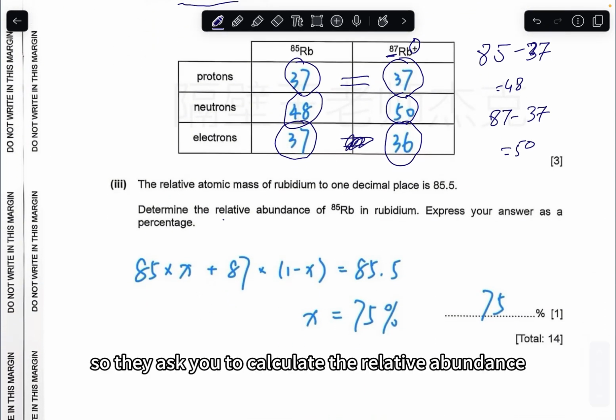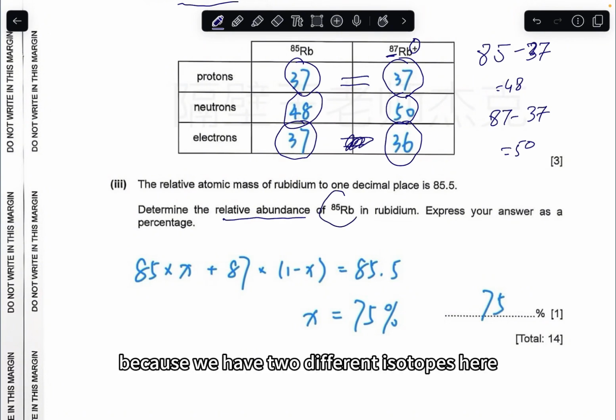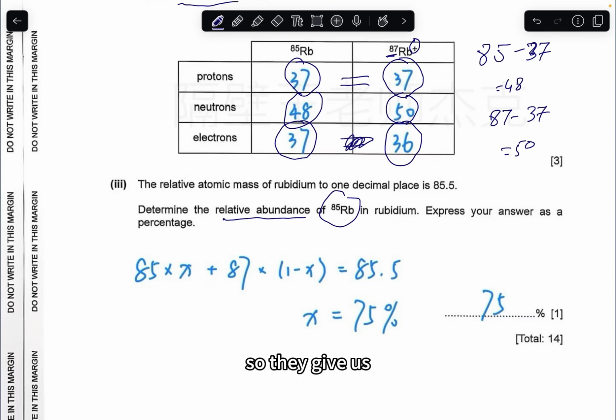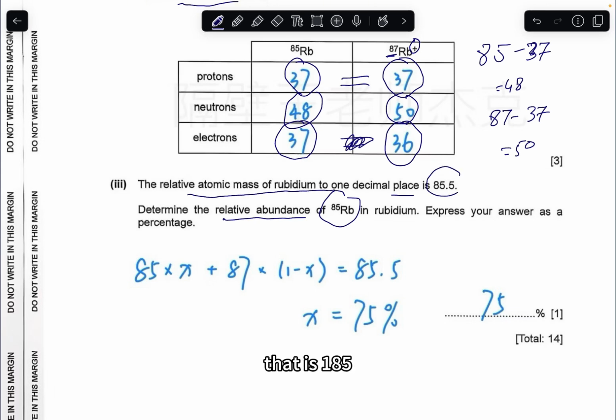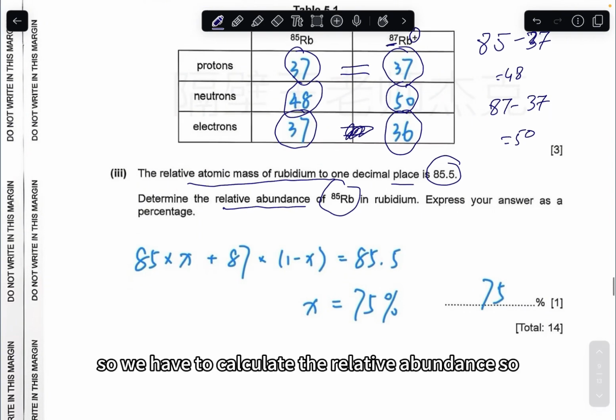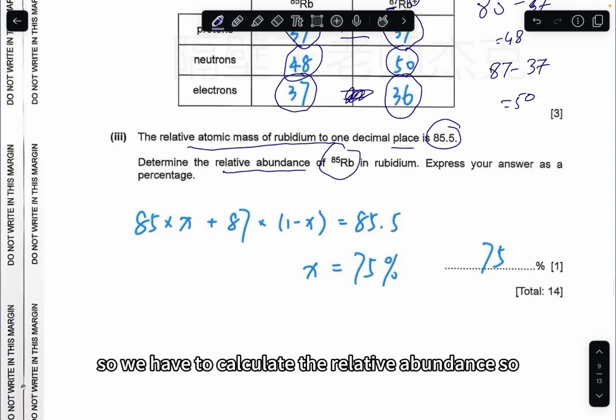They ask you to calculate the relative abundance because we have two different isotopes here. They give us the atomic mass of rubidium to one decimal place, that is 85.5.